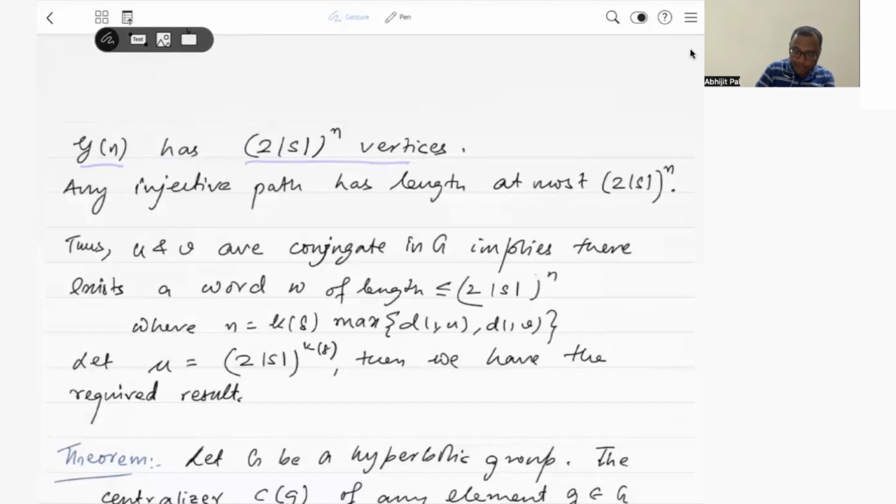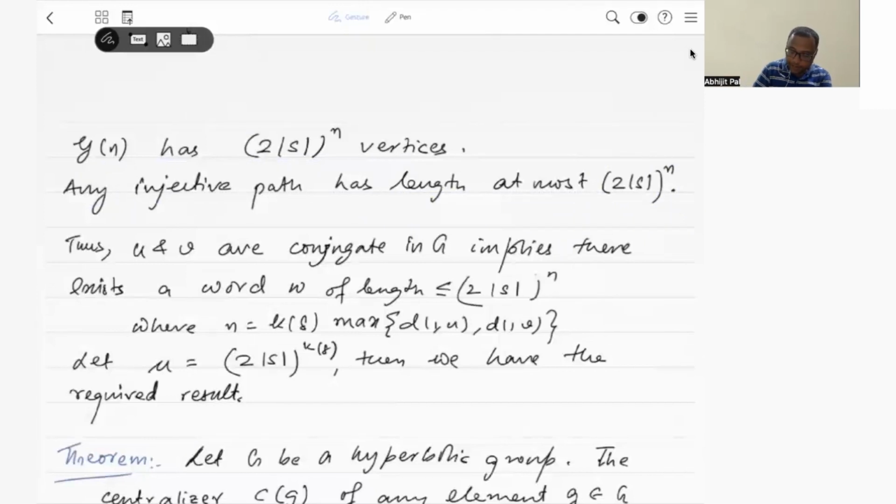Now if I take any injective path in this graph, it will have length at most this number, at most 2 times the cardinality of S to the power n. So an injective path has length at most this. Any injective path has bounded length.